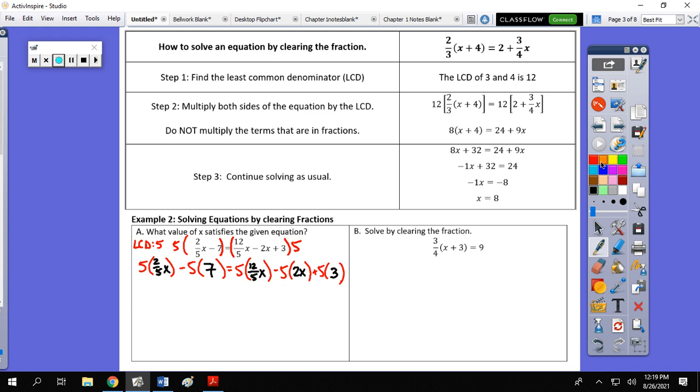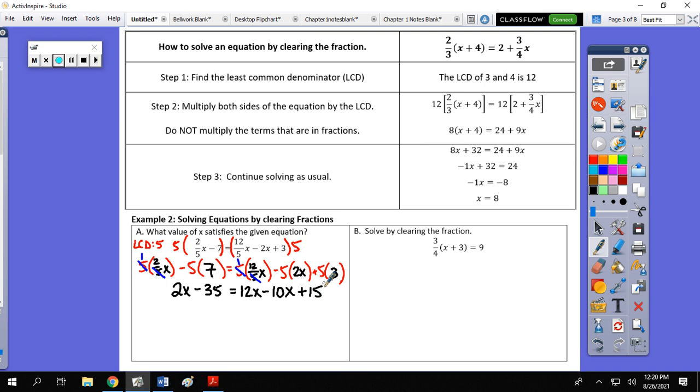Now when we do that, what's going to happen is the denominators will cancel into those coefficients and leave us with 1s instead of 5s. And when we multiply all that out, we will have 2x, 1 times 2x is 2x, minus 35 equals 5 times 7. 1 times 12x, which is 12x, minus 5 times 2x is negative 10x, plus 15.